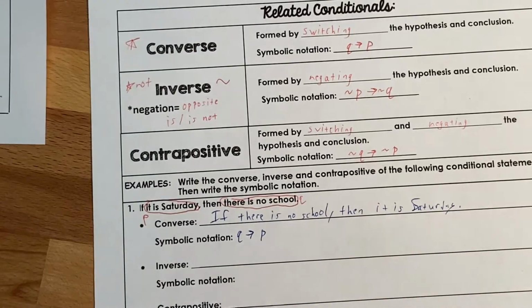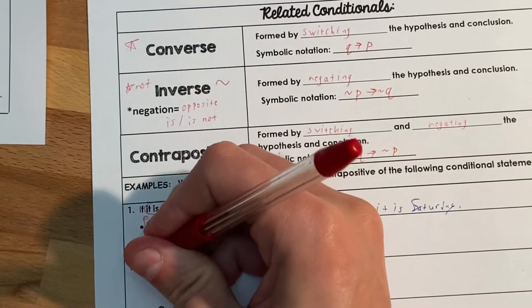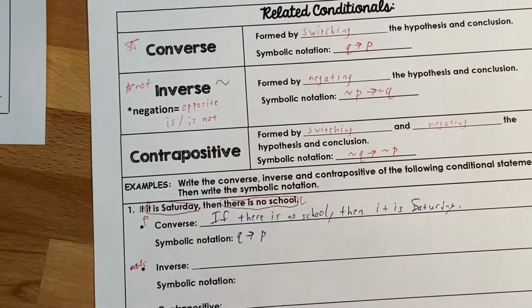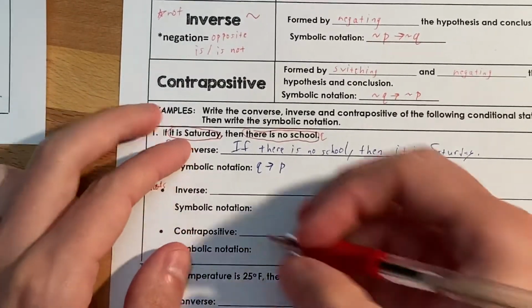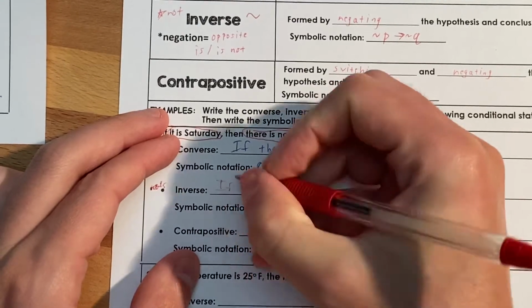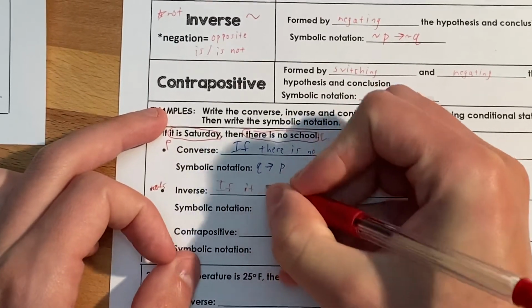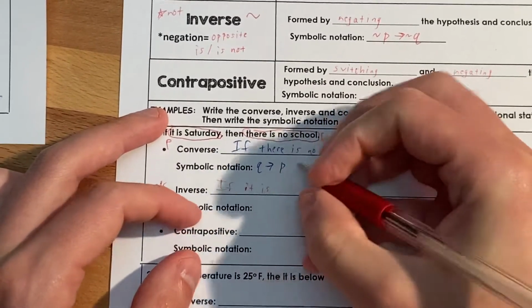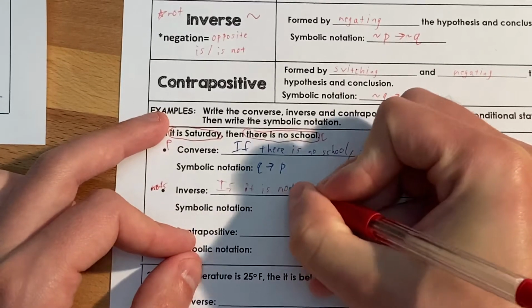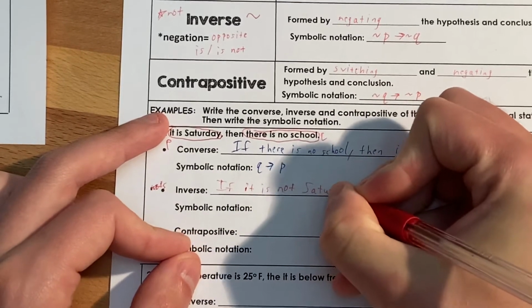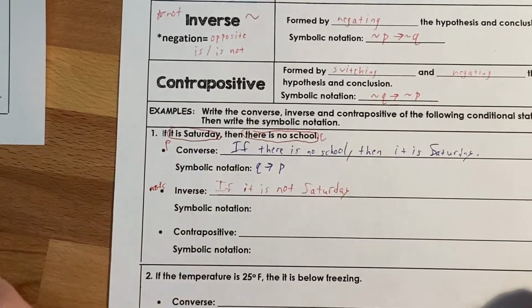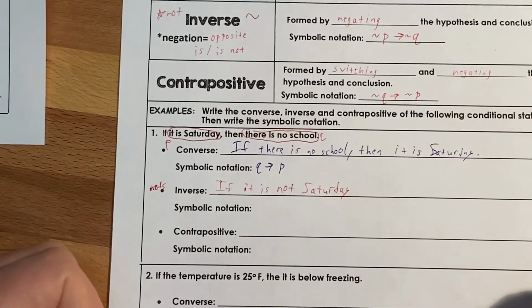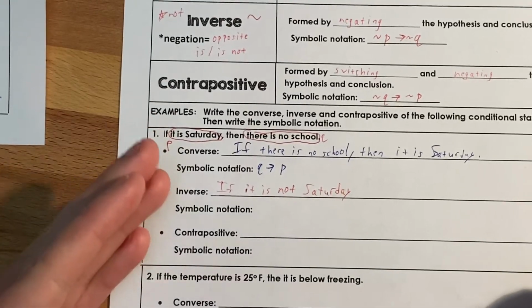For inverse, this is the one where you put nots. So instead of it is Saturday, you would say if it is not Saturday. You just put the word not. So instead of is, is not. And then if there is already a no, then you take it away.